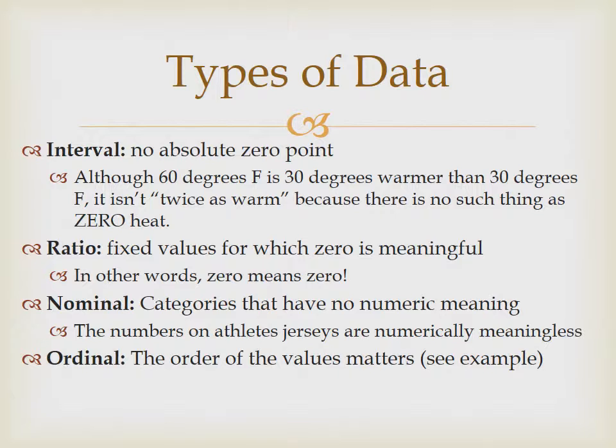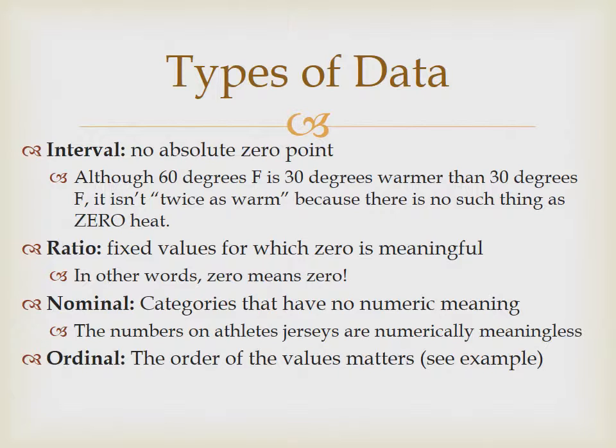In this case, because it is interval data, 60 is not twice 30. Normally, on the regular number line, we would think of 30 times 2 is 60. But in this case, it's actually not true that 60 is twice as warm as 30.